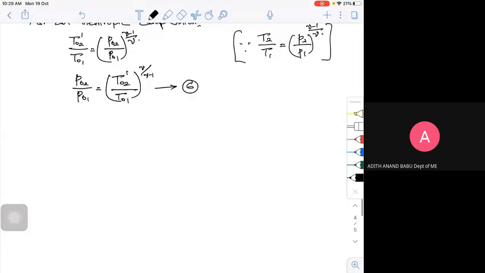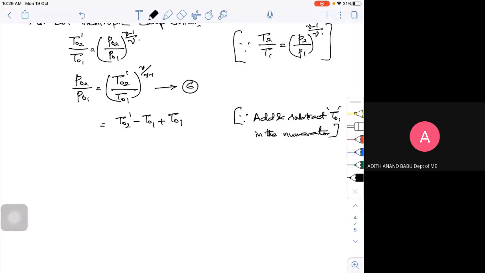I'll take equation 6 and add and subtract T naught 1 in the numerator, so T naught 2 dash minus T naught 1 plus T naught 1, divided by T naught 1 whole to the power of gamma by gamma minus 1.